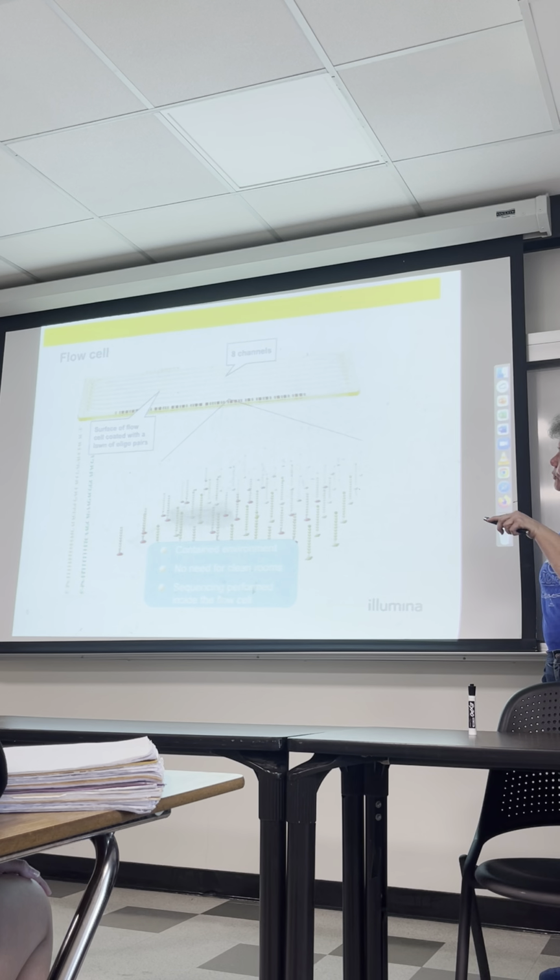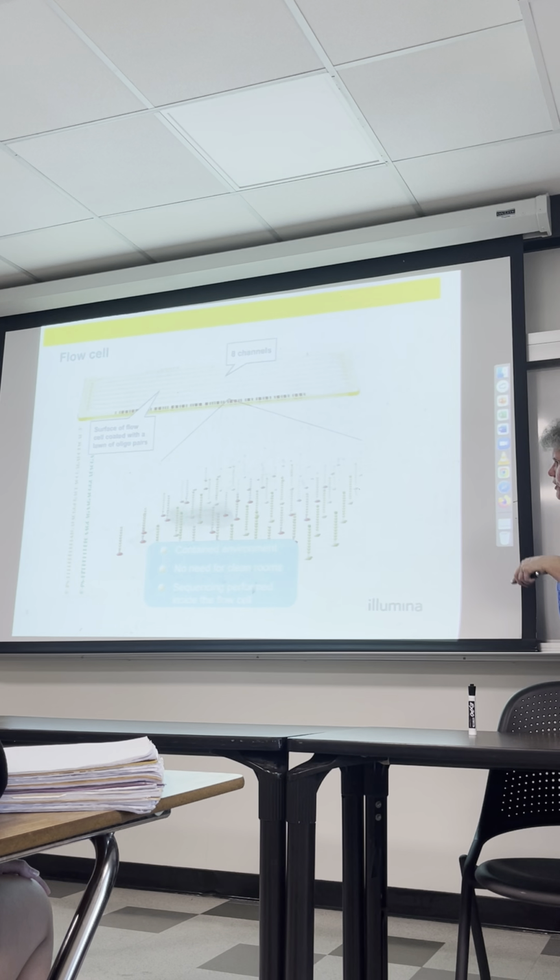So you can have individual samples in those channels, or you can do the same sample in all 8 so that you're getting as much overlap as possible in them. Okay, so what is on those tiny little lanes of that slide right there is, in regular formation, you have short little oligonucleotides.